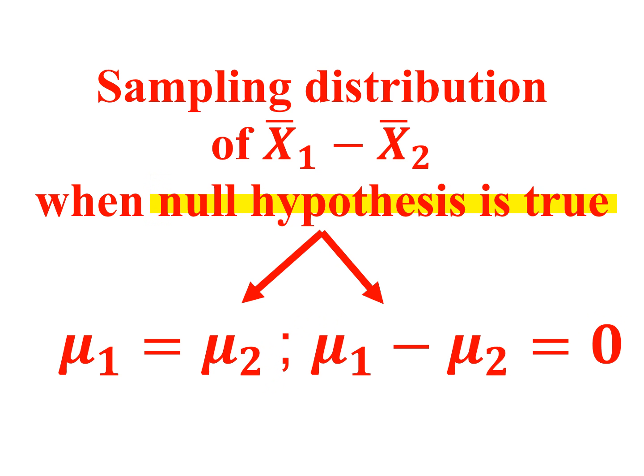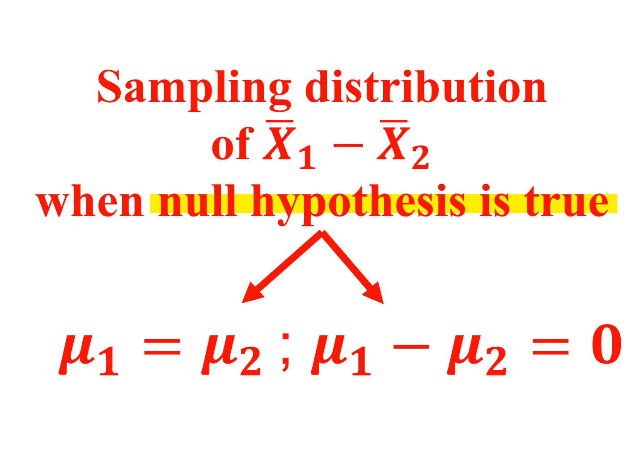The null hypothesis can be written in a different form, as shown here. Mu1 minus mu2 equals 0. These 2 forms of the null hypothesis are equivalent to each other. That is, if mu1 equals mu2, then we can prove with a little algebra that mu1 minus mu2 equals 0, and vice versa. If mu1 minus mu2 equals 0, we can prove that mu1 equals mu2.